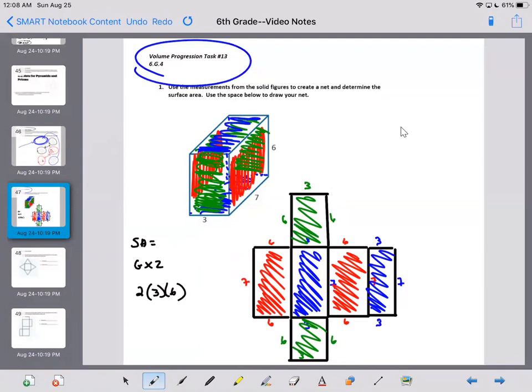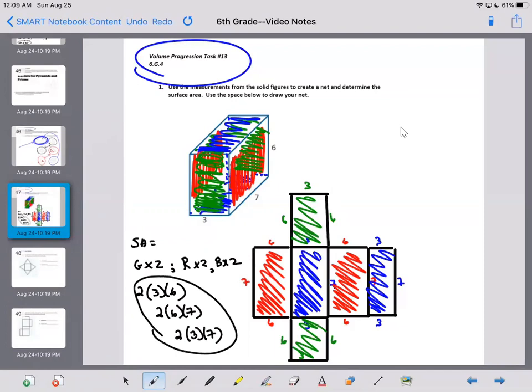And then I've got the red, and there's 2 of the reds, and there's 2 of the blue. The reds are going to be 2 of them, and they're 6 by 7s. And then the blue, there's 2 of those, and they're going to be 3 by 7s. So to find the surface area, you're basically going to take the sum of all those products.